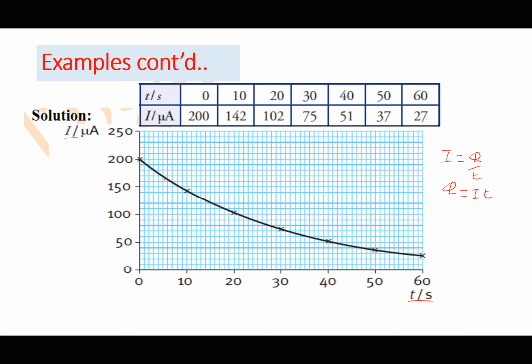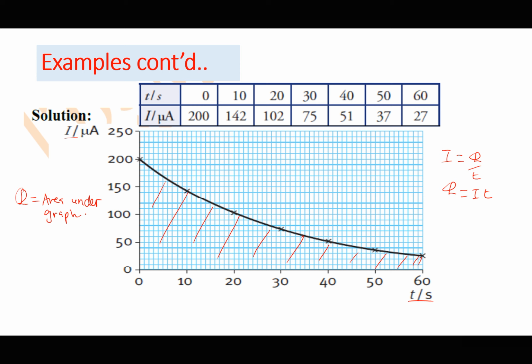So it means the area under this graph here is going to be equal to the charge on the capacitor. So I will simply say that the charge Q, because Q is IT and it is equivalent to the area under the graph, Q is going to be equal to the area under the graph.